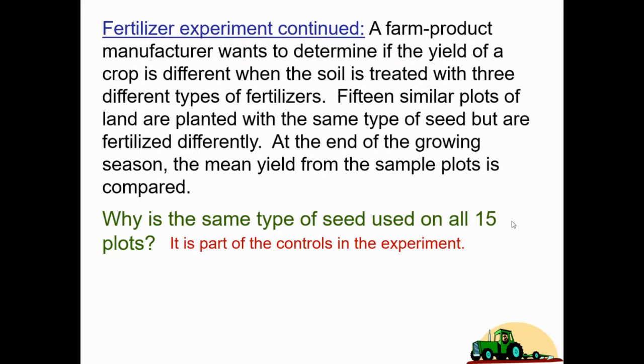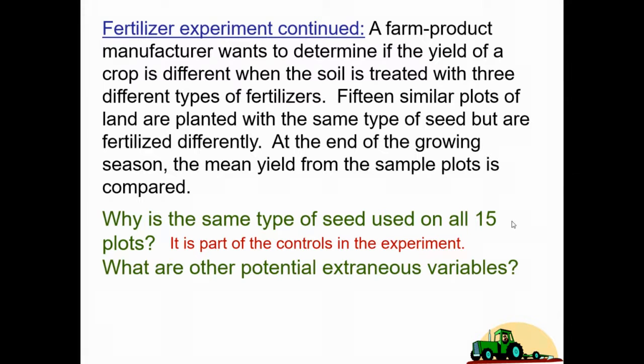Just like that textbook in our calculus test example. Part of the controls. So what are some other possible variables that could impact our yield? Watering, sunlight. What else?